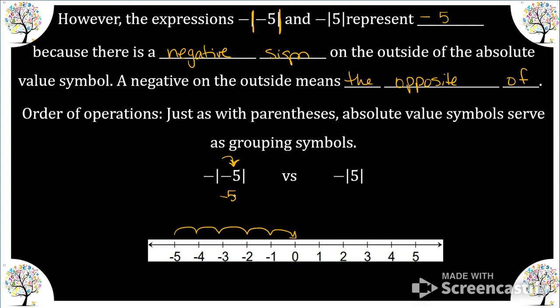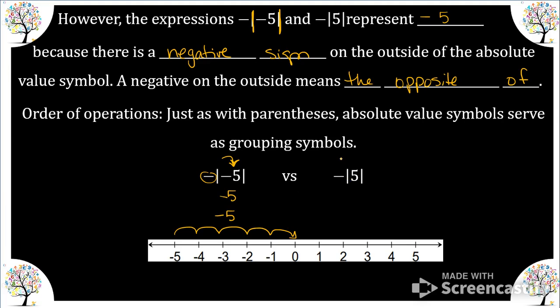So what this is saying is, what is the opposite of the absolute value of -5? We said the absolute value of -5 is 5, and this is just saying, what is the opposite of 5? Well, it's negative.